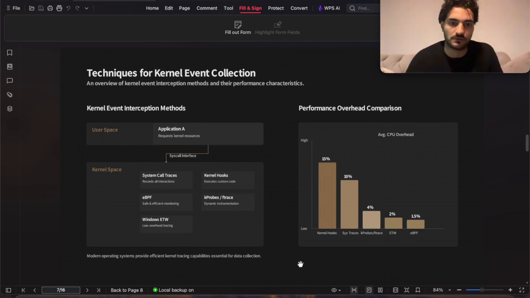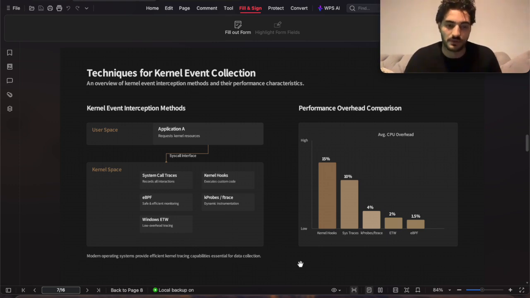Techniques for kernel event collection. An overview of kernel event interception methods and their performance characteristics. User space application requests kernel resources, connected to the kernel space.